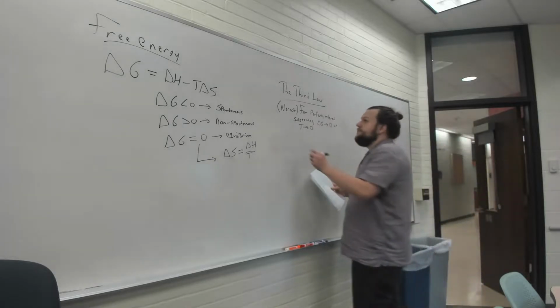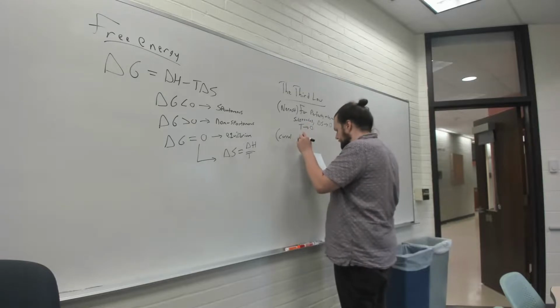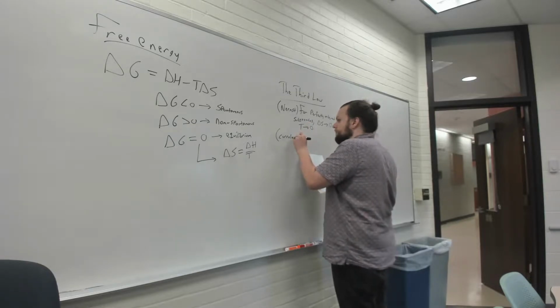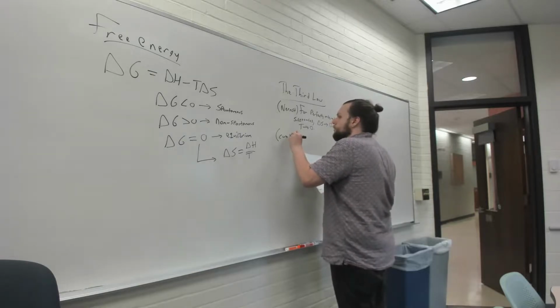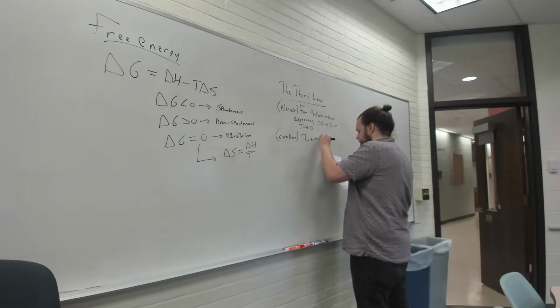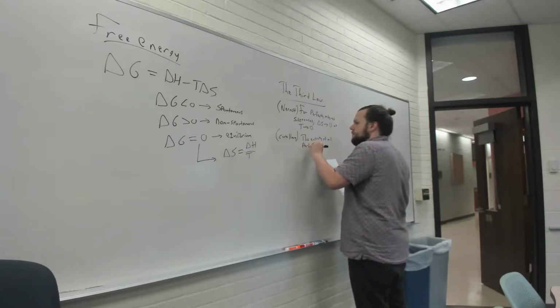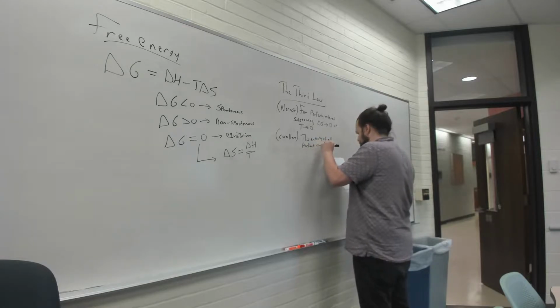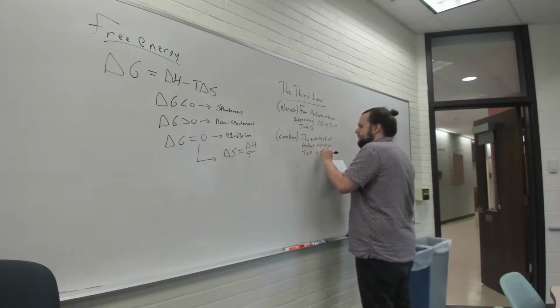Another way to write this is more of a definition of what we mean by a perfectly ordered system. Did I spell corollary right? No, I did not. Corollary. Which is that the entropy of all perfect crystals at T equals 0 is S equals 0.